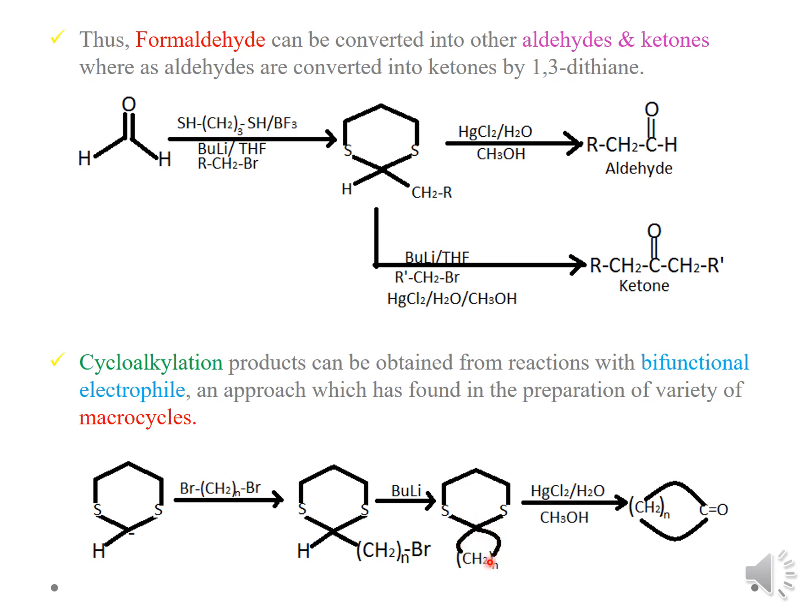Once you get this cyclic compound, you have to deprotect it. If you add a metal salt like mercury chloride or cadmium carbonate, upon hydrolysis and addition of an alcohol, it gets deprotected, giving you the carbonyl compound as your macrocycle.